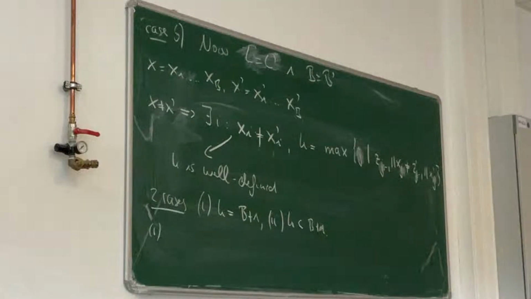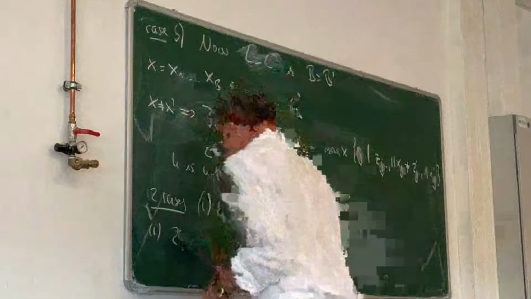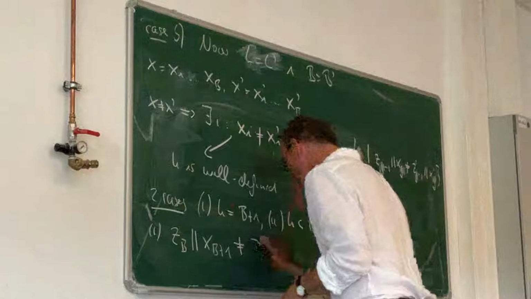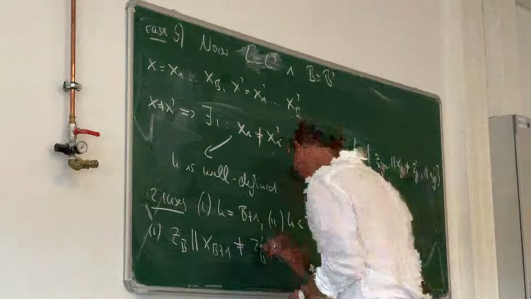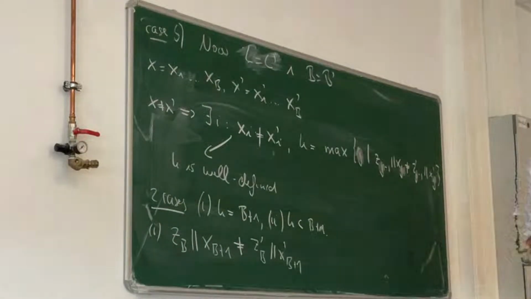So case 1 is very similar to what we've done before in case A. If k is b plus 1, then z_b concatenated x_{b+1} is not equal to z prime_b concatenated x prime_{b+1}.